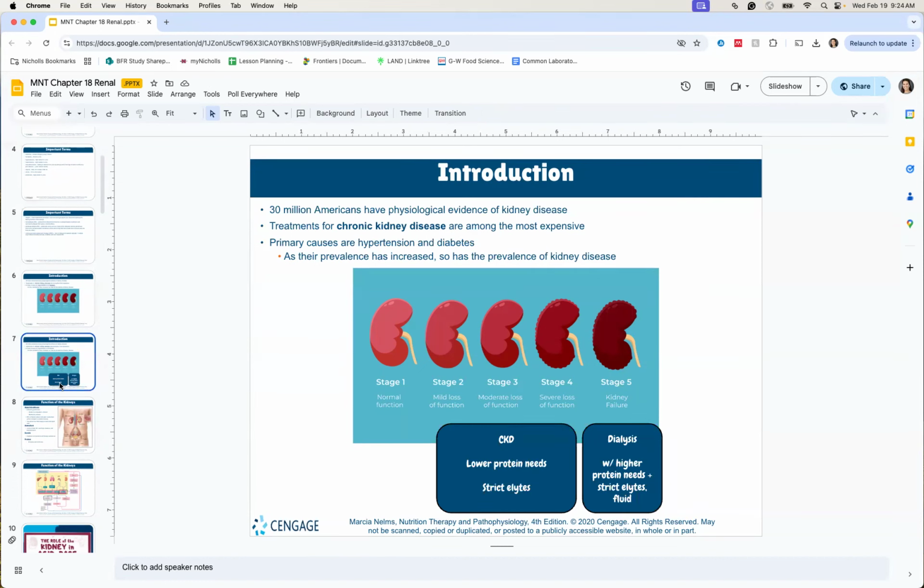Now, stage 2 to stage 4, which you see here, we typically refer to as chronic kidney disease. Generally speaking, when someone has chronic kidney disease, we like to lower the protein load on the kidneys because higher protein puts a little bit more stress on the kidneys because of that nitrogen component of amino acid metabolism, with monitoring of electrolytes.